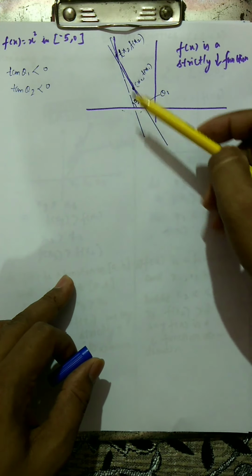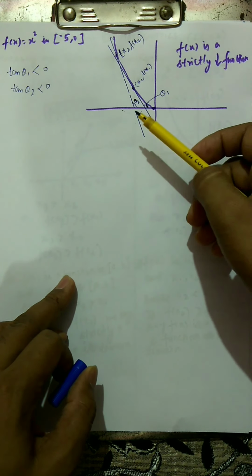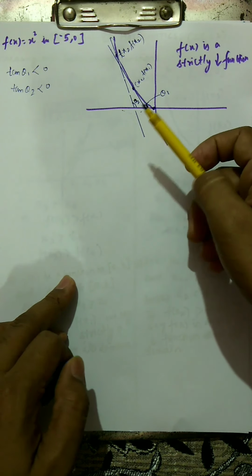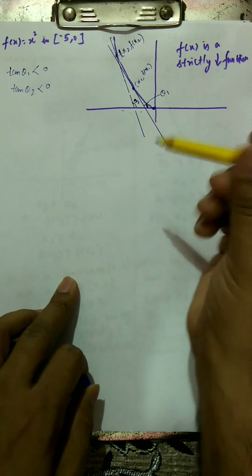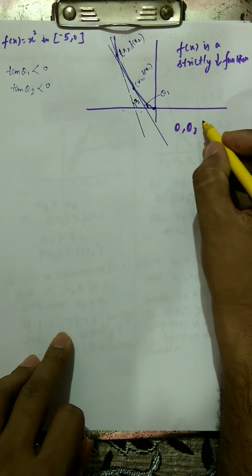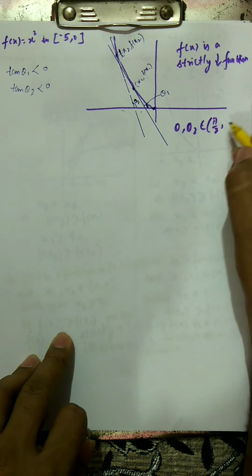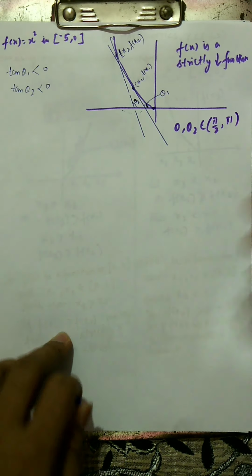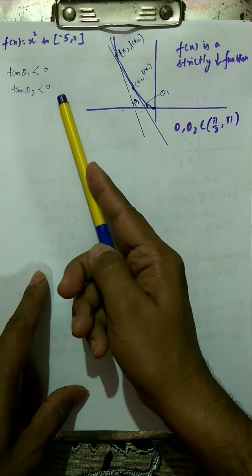At x2 it is also negative, as tan theta 2 will be negative, because this angle will be obtuse, more than 90 degrees and less than 180 degrees, in the second quadrant. So theta 1 and theta 2 lie in the interval pi by 2 to pi. So if this is the case, your tan thetas will always be negative.